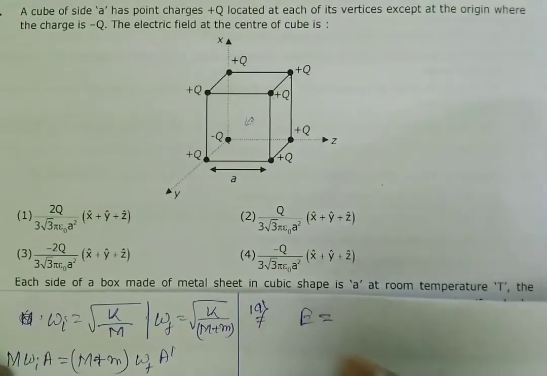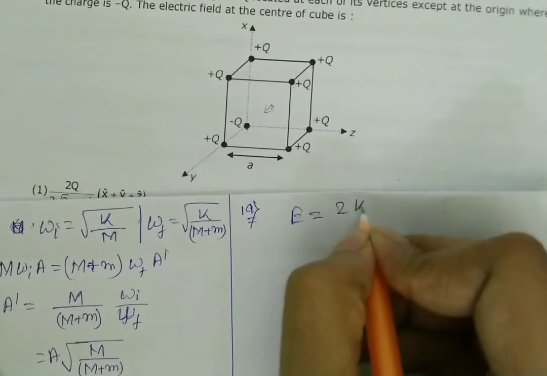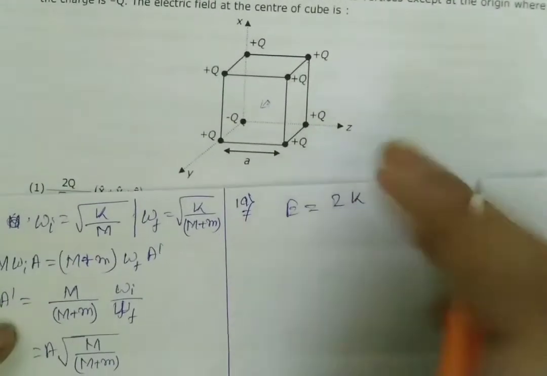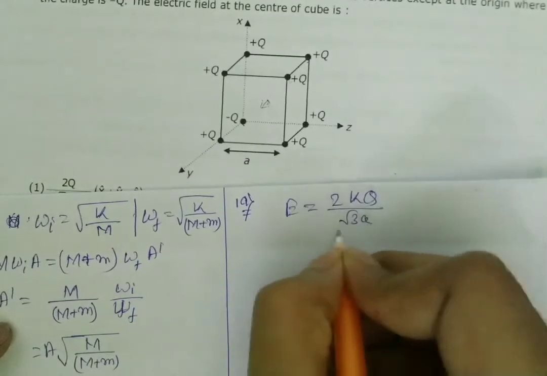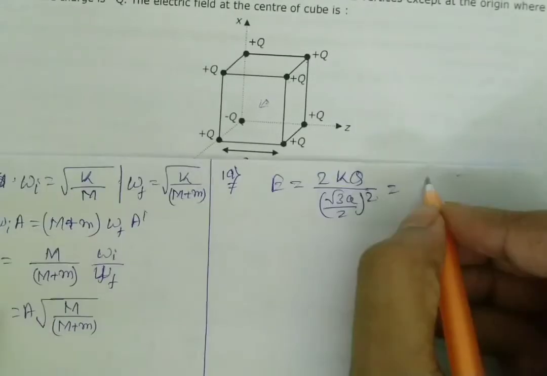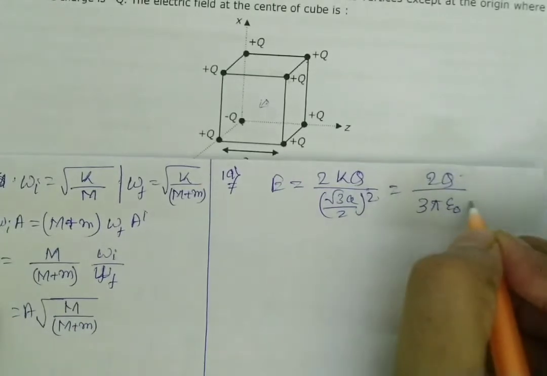Electric field will be equal to 2k q by (root 3 a by 2) whole square, where k means 1 by 4 pi epsilon naught. This gives 2q by 3 pi epsilon naught a square.